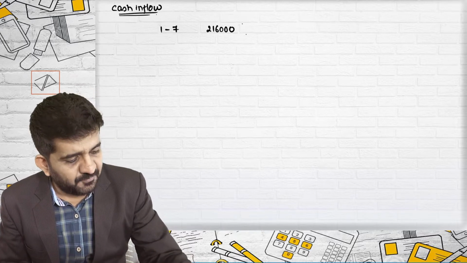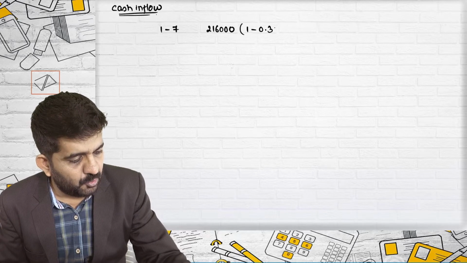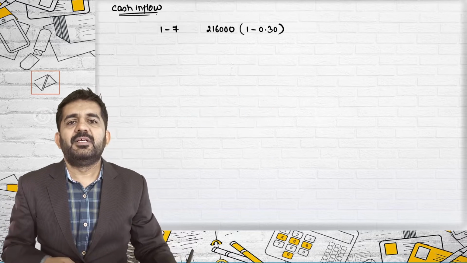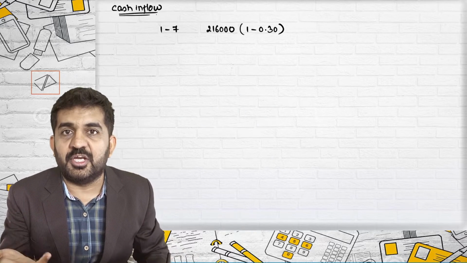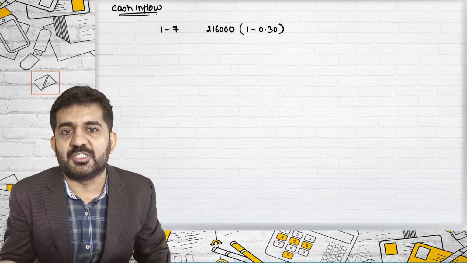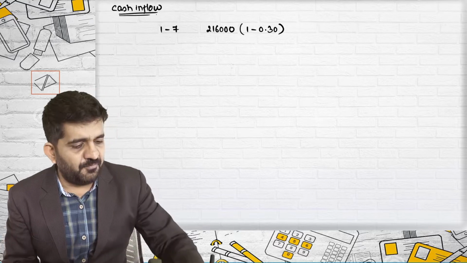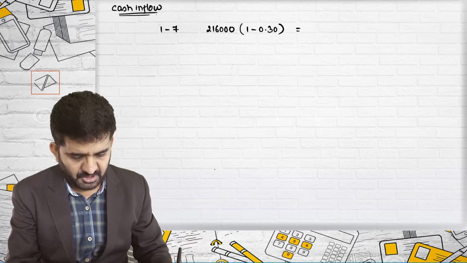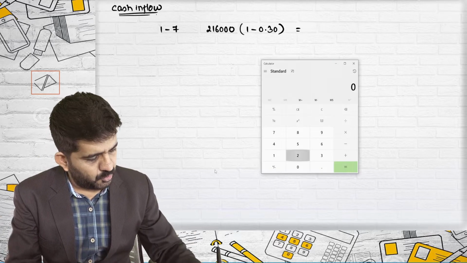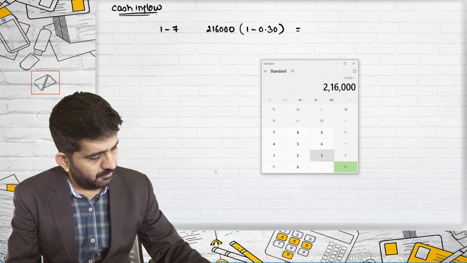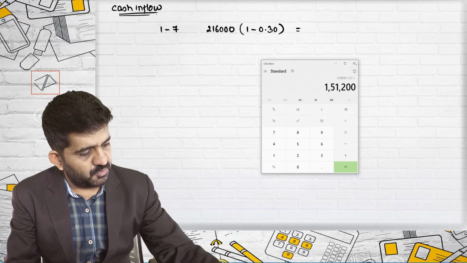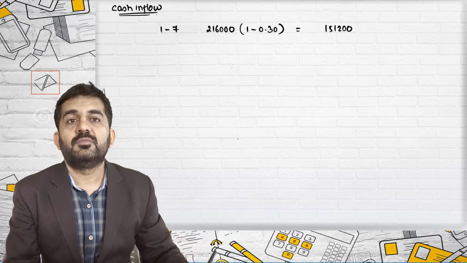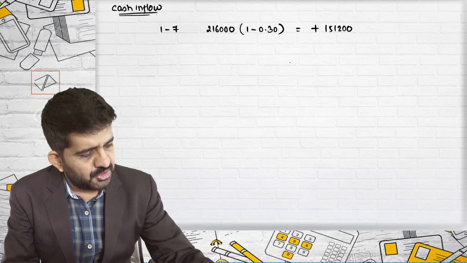And the after tax figure is 1 minus 0.30 because 30% is the tax rate. Understand, this is your income. You will have to pay tax of 30%. So after tax benefit will be only 2,16,000 into 70% for 1 to 7 years. This is 2,16,000 multiplied by 0.7, which is 151,200. And this will be my cash inflow.